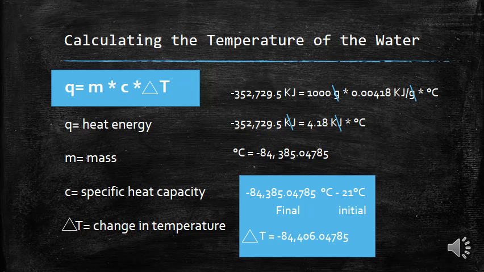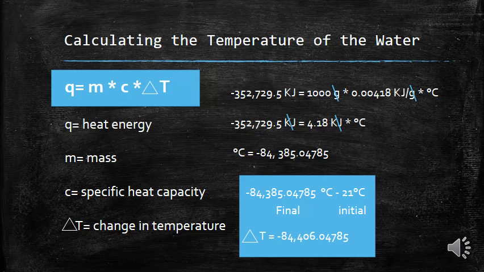The reason why we switch it to a negative is because if the water is absorbing energy from the product because it's an endothermic reaction, then that means the product is going to be losing energy, and to signify that, we have to put a negative symbol in front of the number so that it shows it is decreasing. And then M in our equation is mass, and that is 1,000 grams for the mass of the water.